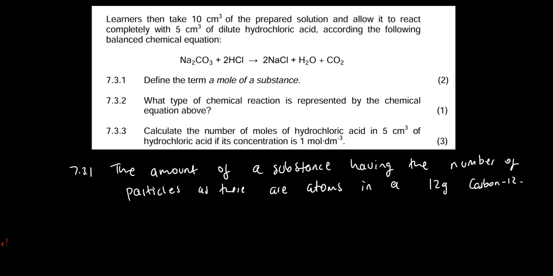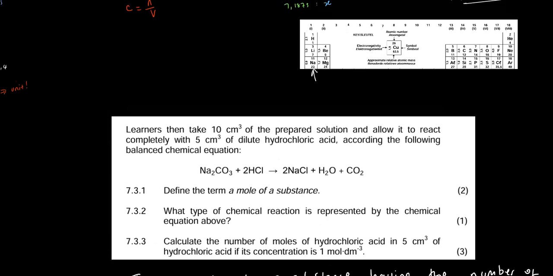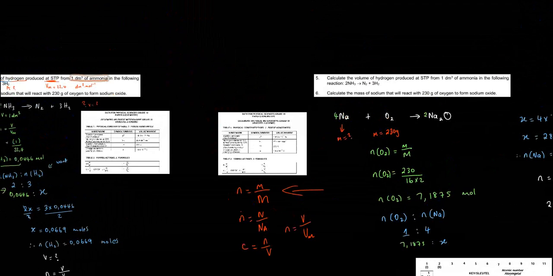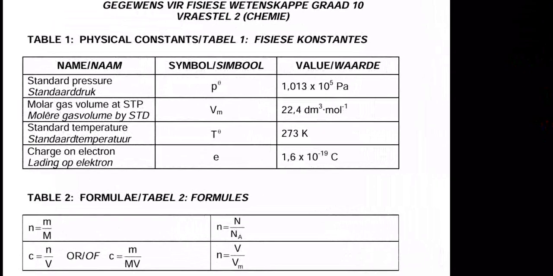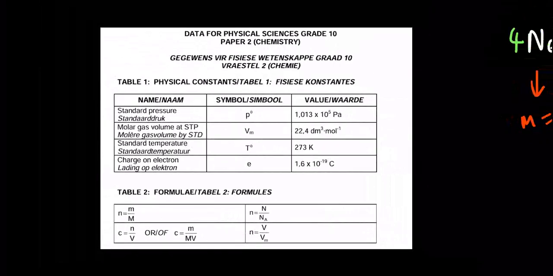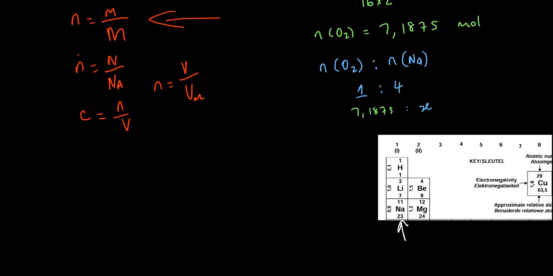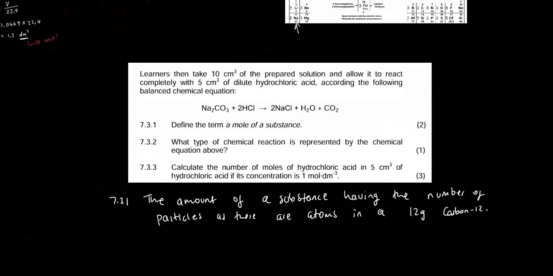So 1 mole represents Avogadro's number, which is 6,02 times 10 to the power 23. Avogadro's number should be on our formula sheet, but they forgot it, shame. But you'll be fine, I think I told you before.